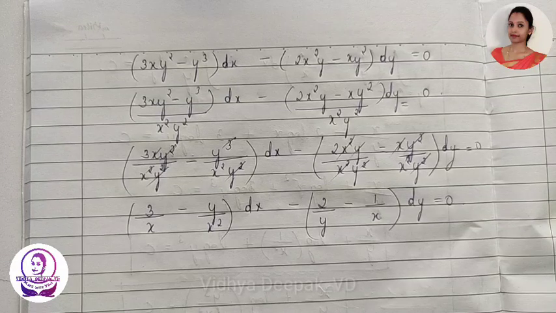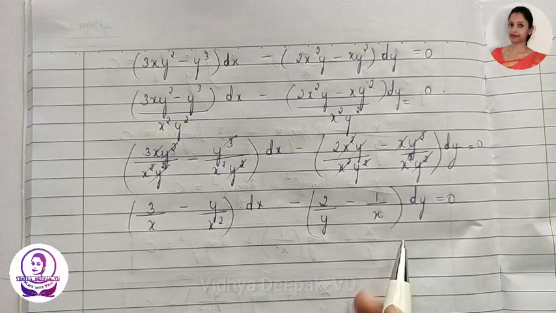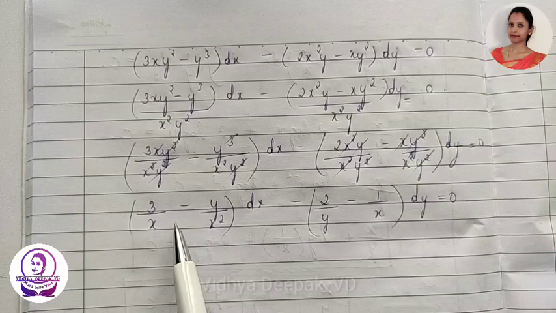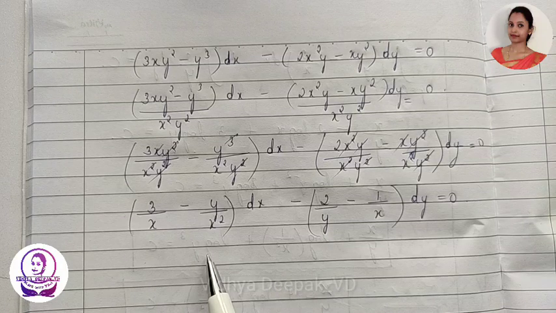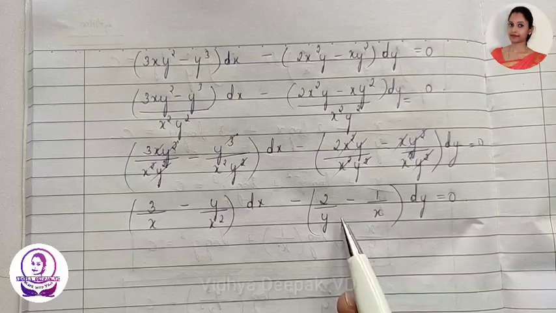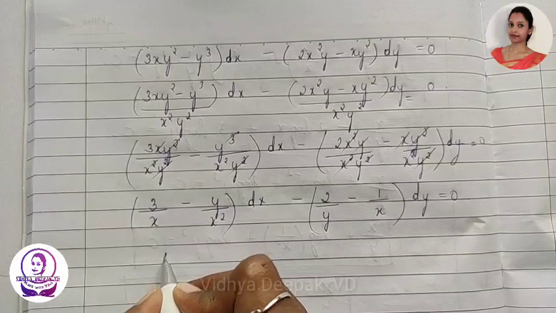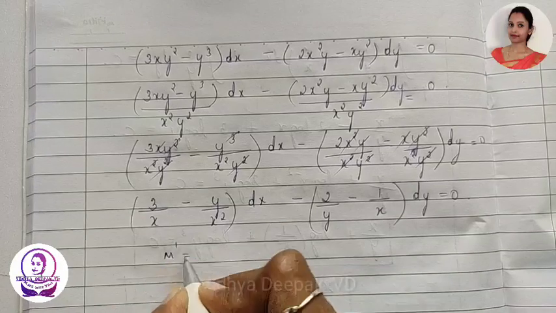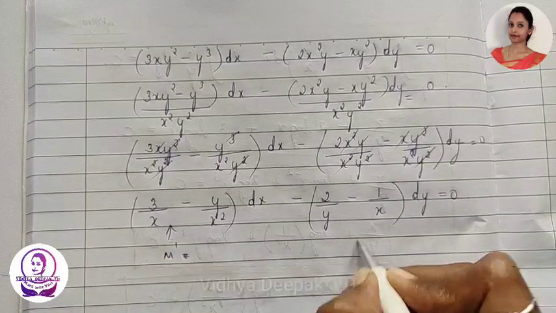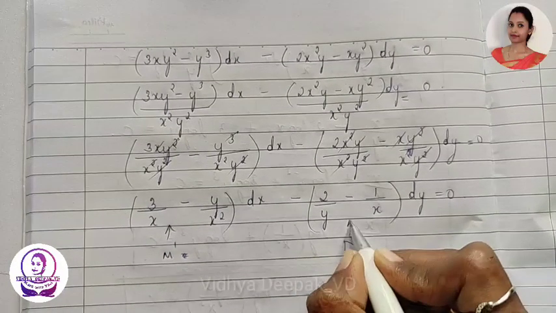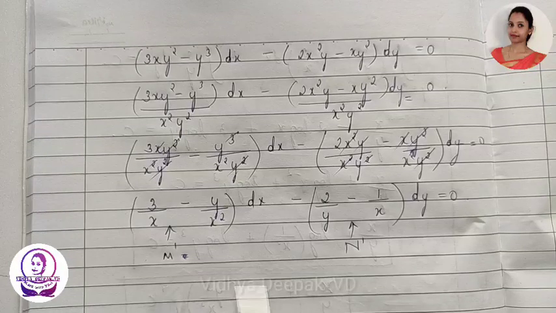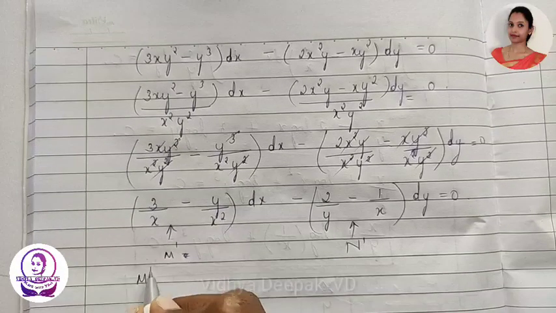So now this is of the form M dx plus N dy is equal to 0. You can cross check this by taking M and N, and you can find dou M by dou y and dou N by dou x. You will get this to be exact. So we'll consider this as M dash and this as N dash since we have already used M and N. So what is M dash?